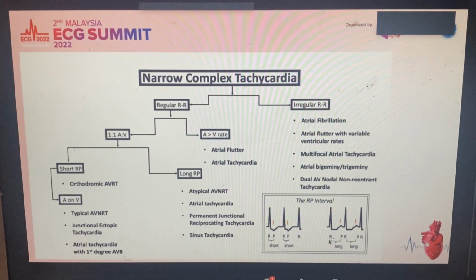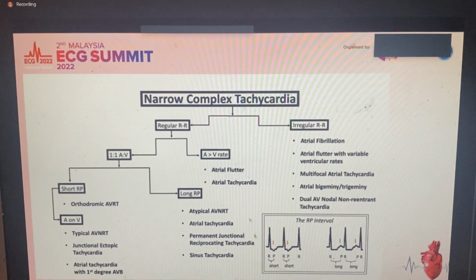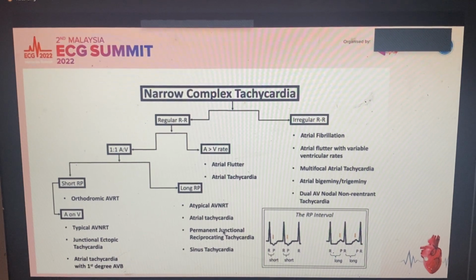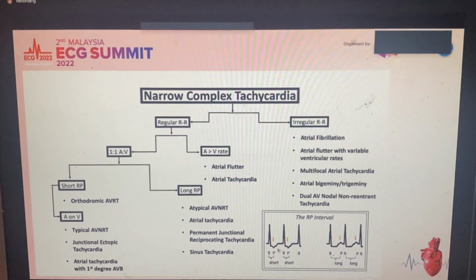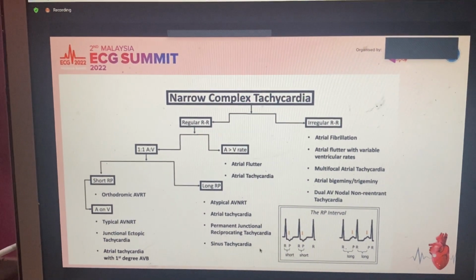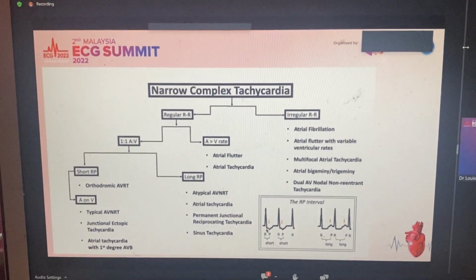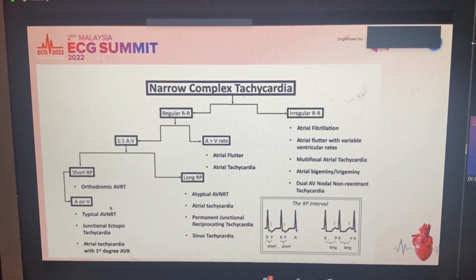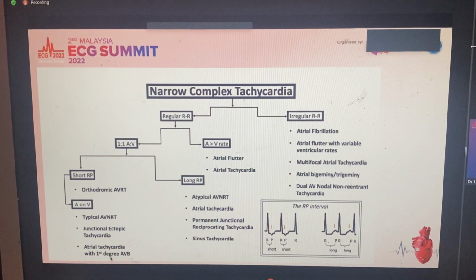For long RP interval, the differential diagnosis listed here is atypical AVNRT, AT, junctional, or sinus tachycardia. If short R to P, then most likely it is orthodromic AVRT, or if the P wave is really near to the QRS, it can be typical AVNRT, junctional ectopic tachycardia, or AT with a first degree AV block.